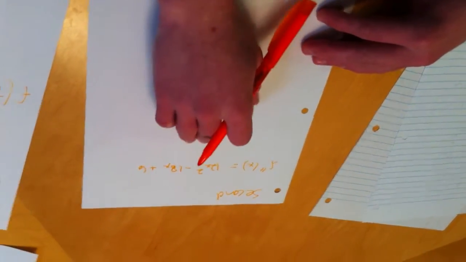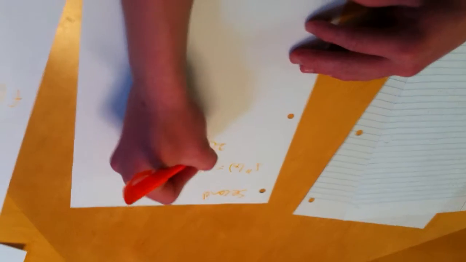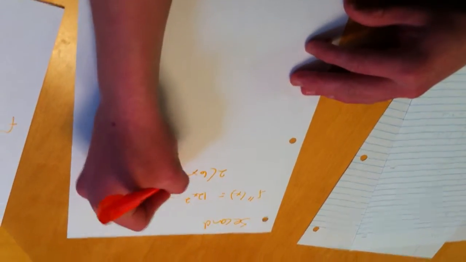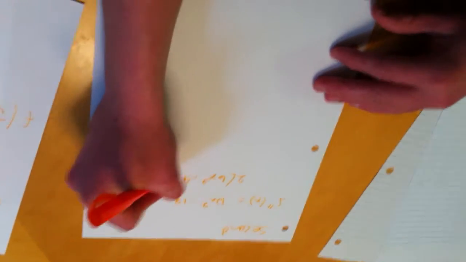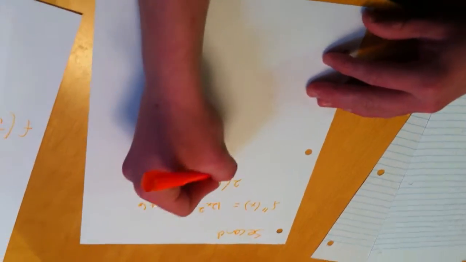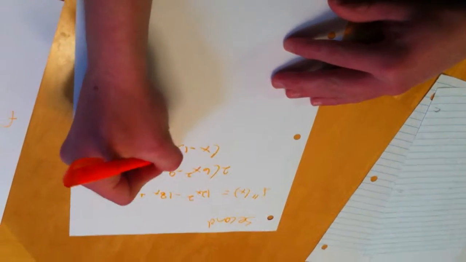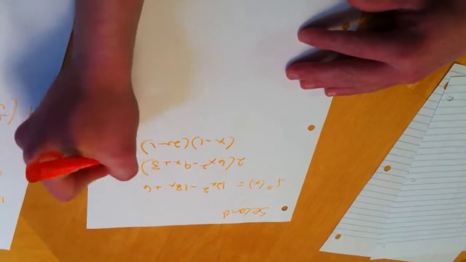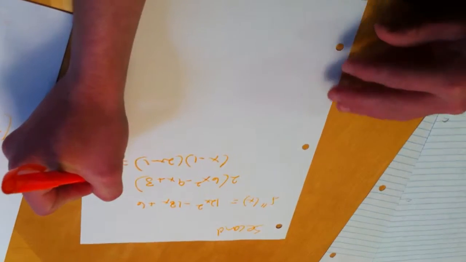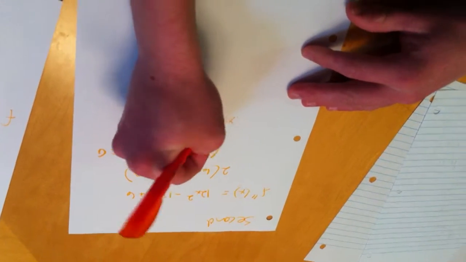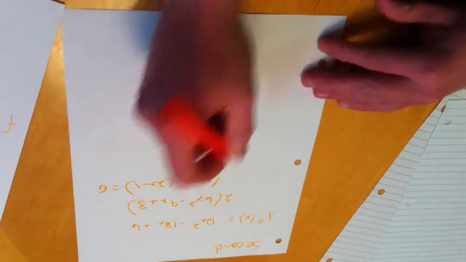I factor out a 2, which gives us 2 times the quantity 2x squared minus 3x plus 1, which breaks down to x minus 1 times 2x minus 1, which gives us x equals 1 and 1/2.